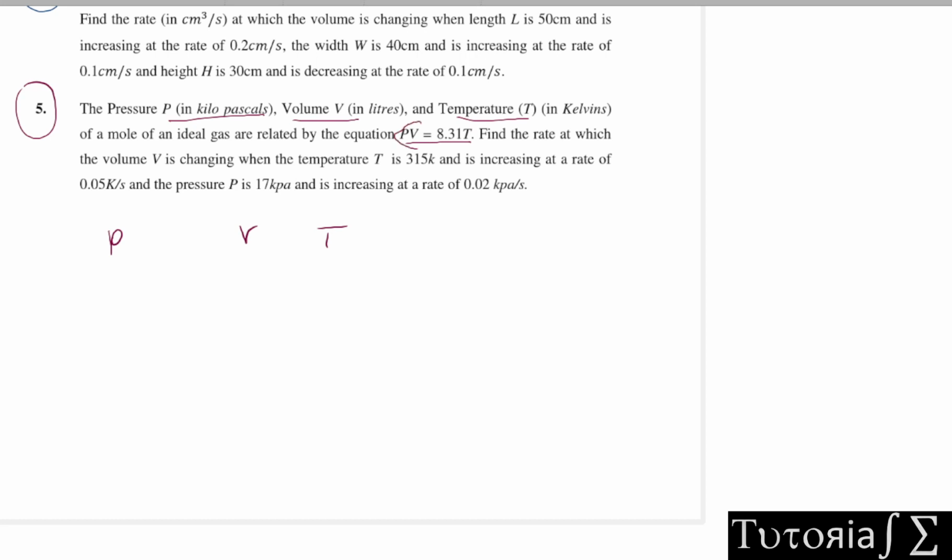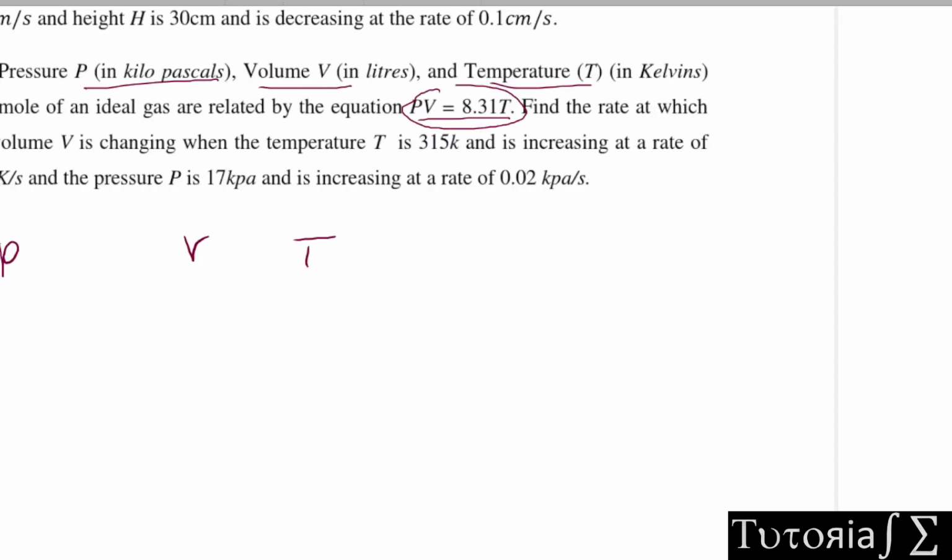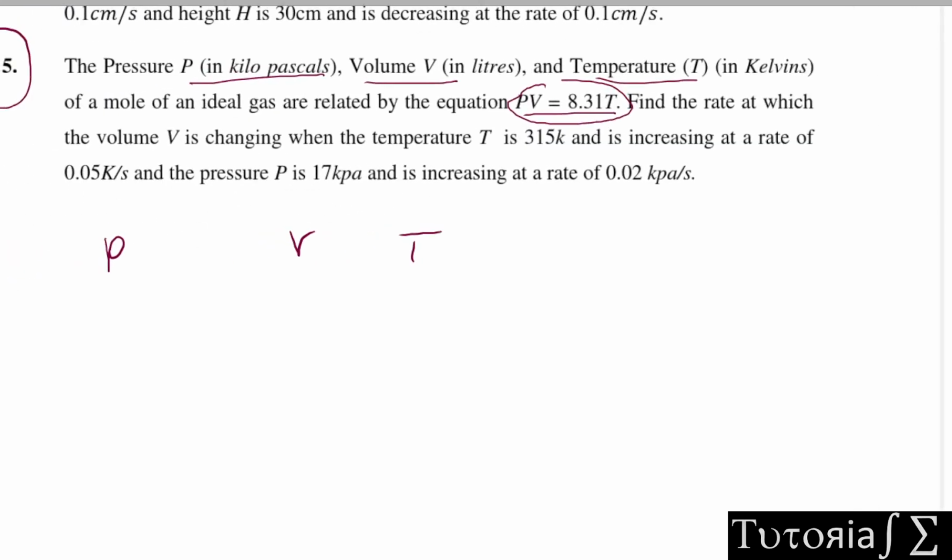So you see this formula, we need to make V subject of the formula. So to make V subject here, we just say V is equal to 8.31 T times 1 over P, or P to the negative 1.